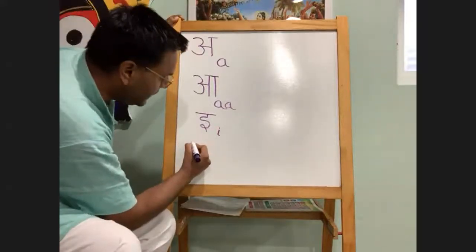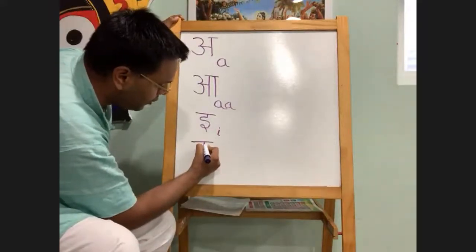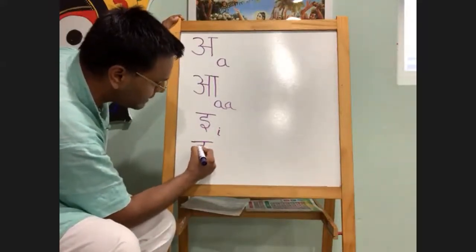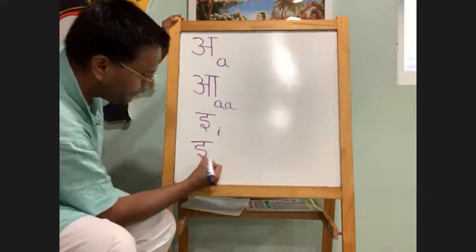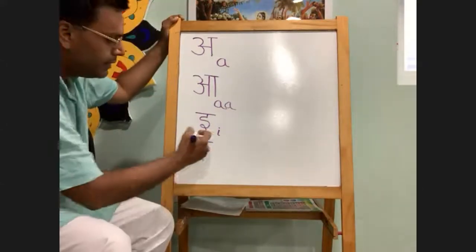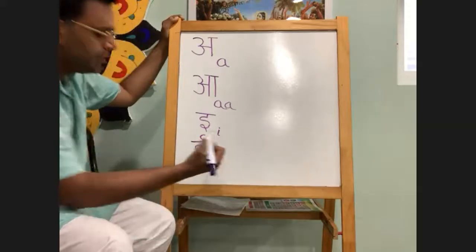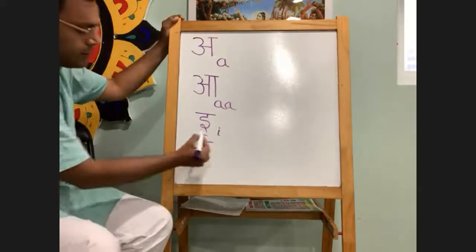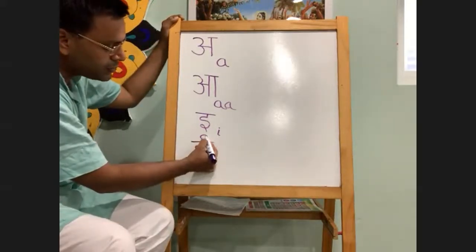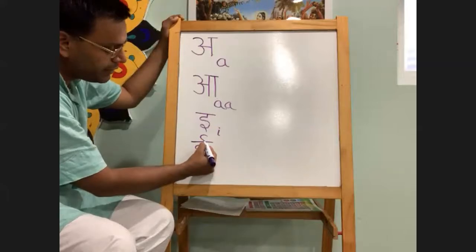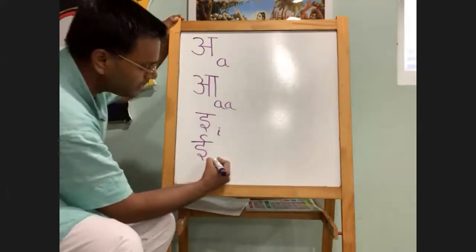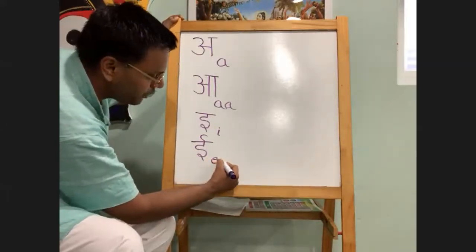And then ee is the stretched sound of that. You write the same i, and then there is a little C shape, not a complete C, ending with a straight line here. So that is ee, the stretched sound of i.